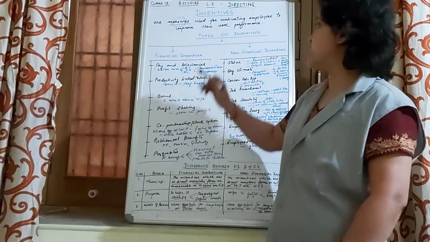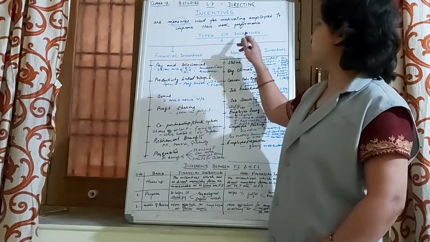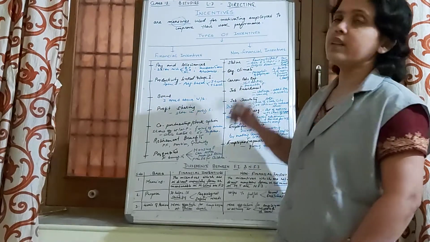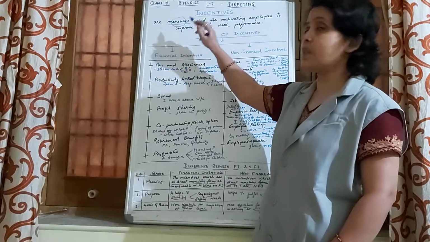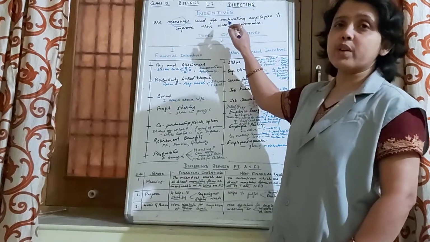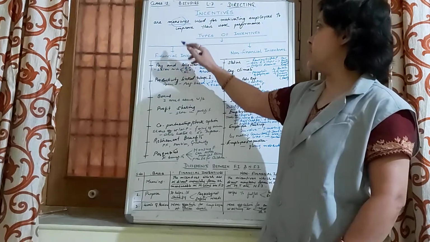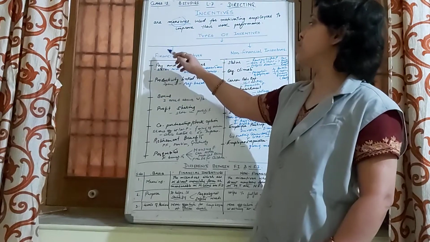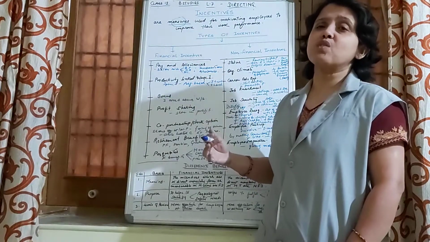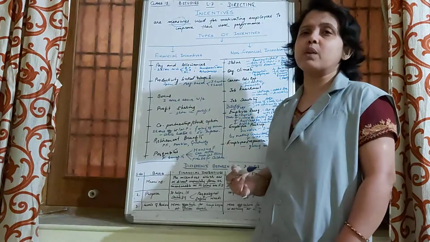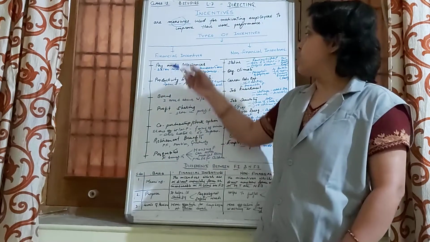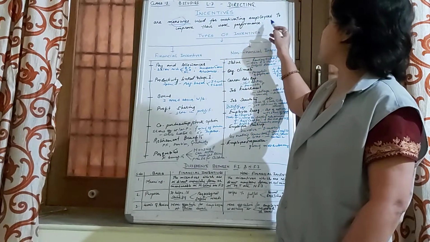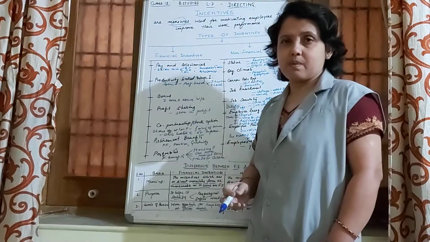That is why incentives are broadly classified into two types. One is financial incentives and another is non-financial incentives. So incentives are the measures used for motivating. When we say financial incentives, that means those monetary measures. Financial means which can be measured, estimated in terms of money. So financial incentives are those monetary measures which are used for motivating employees to improve their work performance.